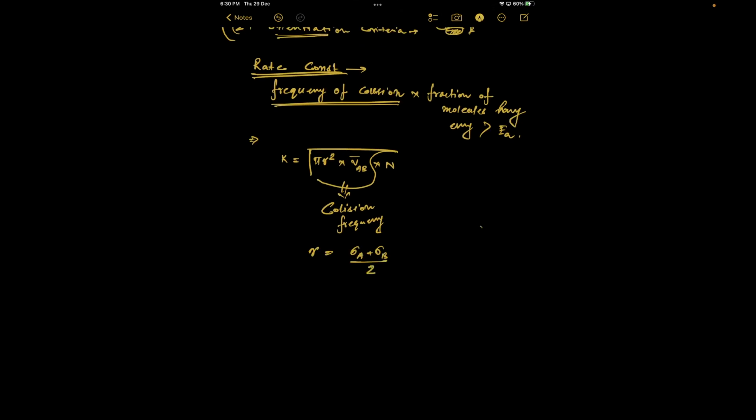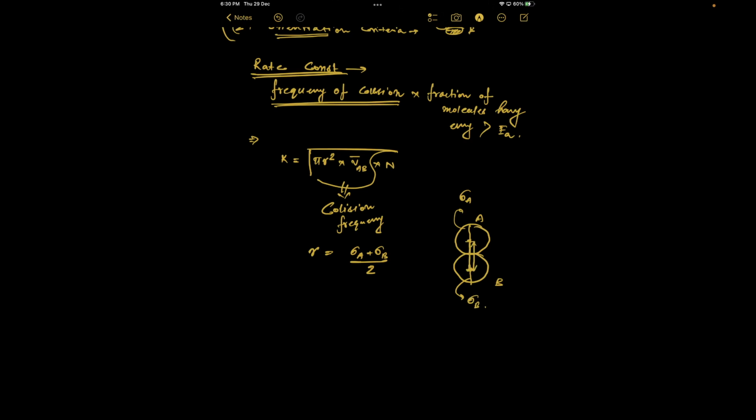Now what is this? Let's draw it here. This is A molecule, this is, let's say, B molecule, and the A molecule diameter is sigma A. B molecule diameter is sigma B. So r is this distance.